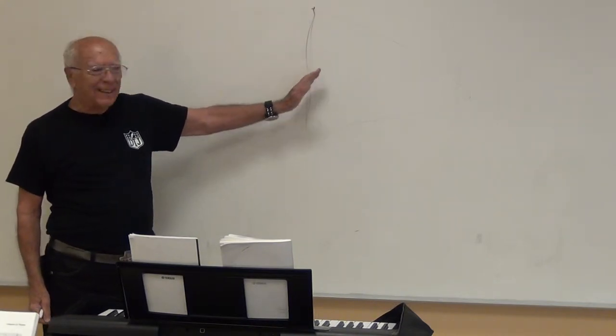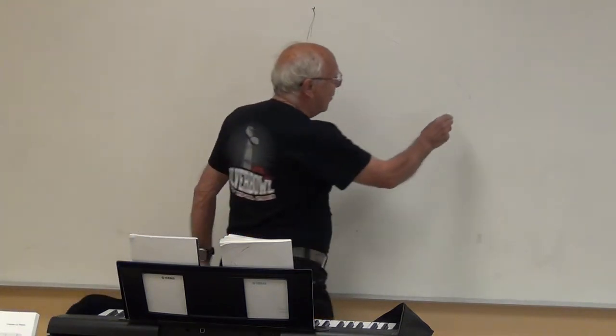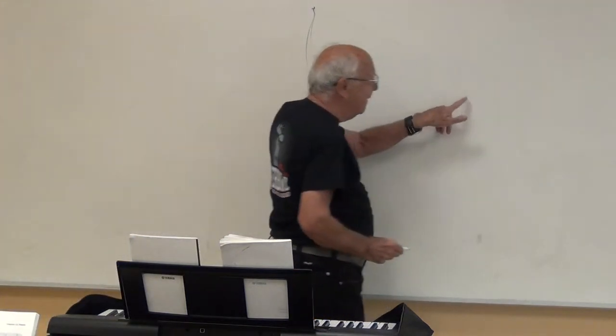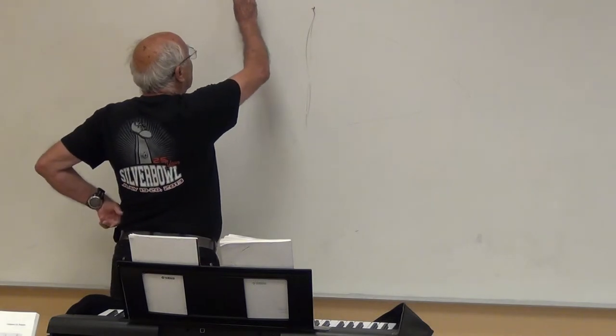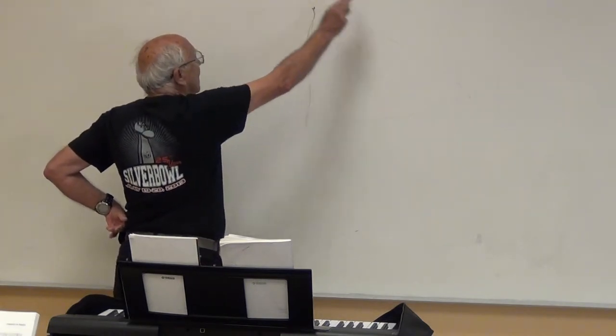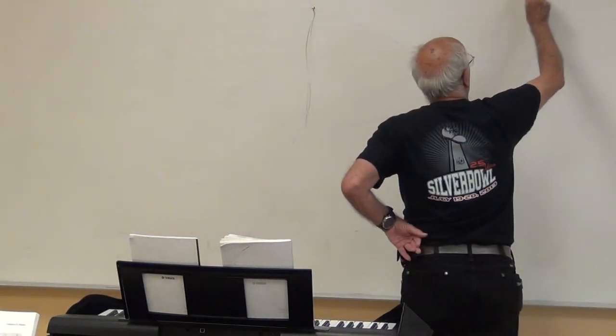Flat. Okay. This is not round, and what is that? That's the point. It's a point. Or it is sharp. Right? Sharp. So this is your flat side, and this is your sharp side.